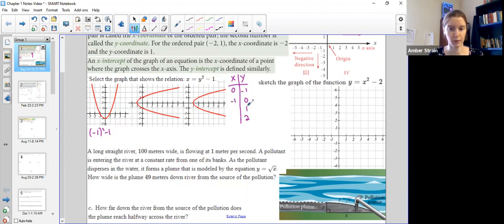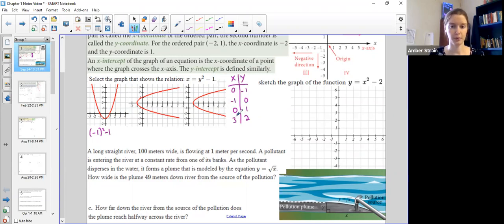If I replace y with a 1, it's actually going to end up the same as this one right here, because 1 squared is also 1. That would put me at 0. And then if I replace y with the number 2, 2 squared is 4, 4 minus 1 is 3. Okay, now remember we're used to picking the x's and finding y's, so just be careful that you don't get these flip-flopped. These are 4 ordered pairs that should be on the correct graph.